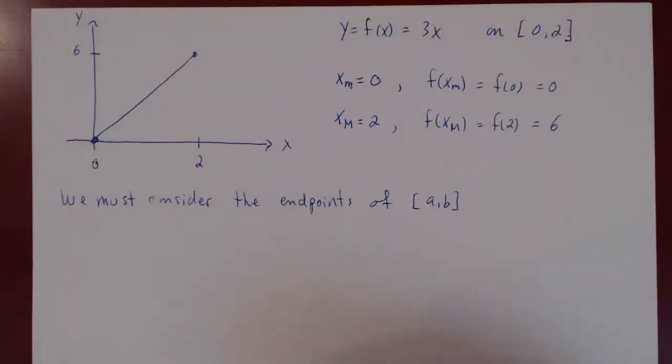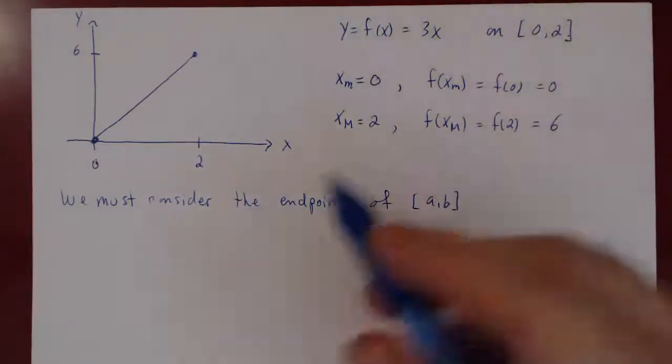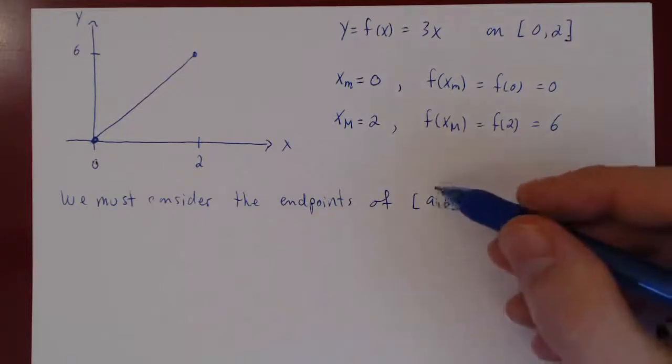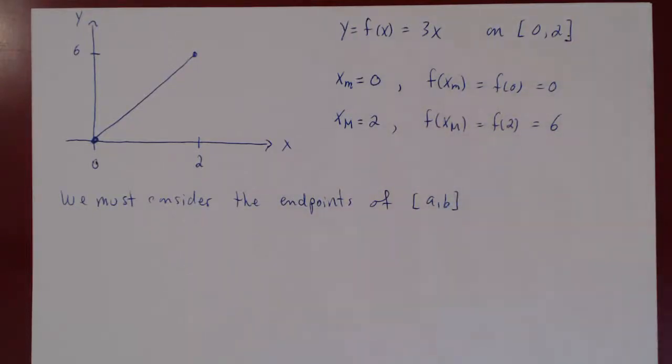So whenever you want to maximize or minimize a function that is continuous on a closed and bounded interval, we always have to consider the endpoints a, b of our interval. They are always possible absolute max or absolute min.